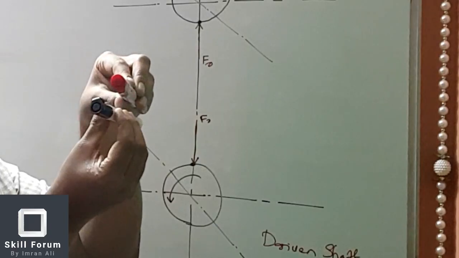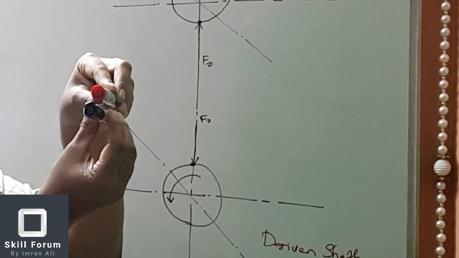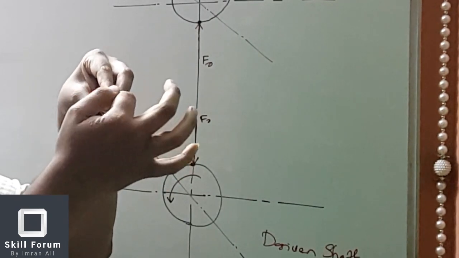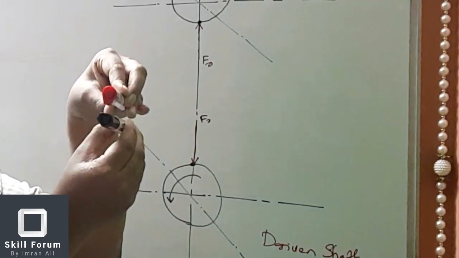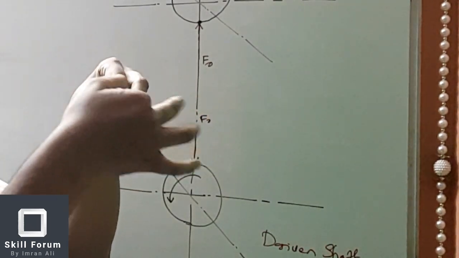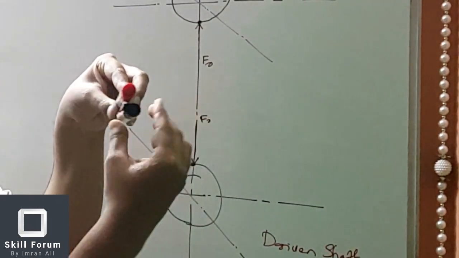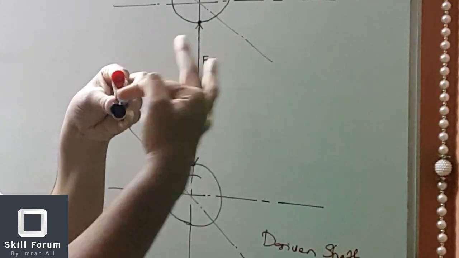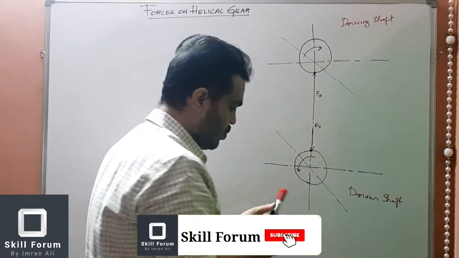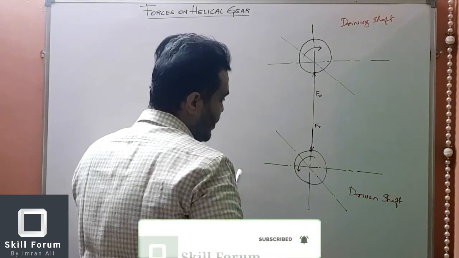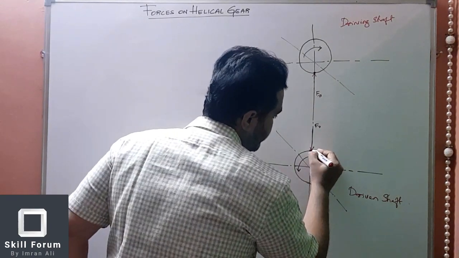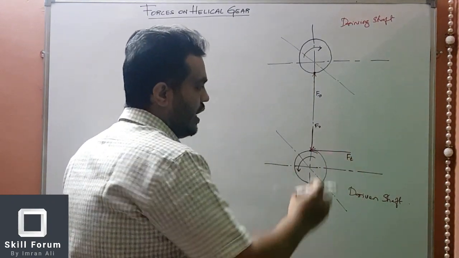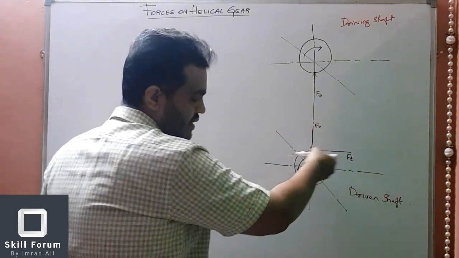So when the driving shaft makes contact with the driven shaft, the force produced in the driven shaft will be in this direction. See, in this direction. So the driven shaft force will be in this direction, so you have to consider the tangential force to be in this direction, that is F_t.